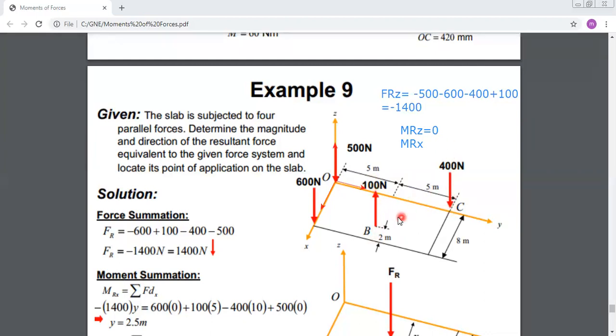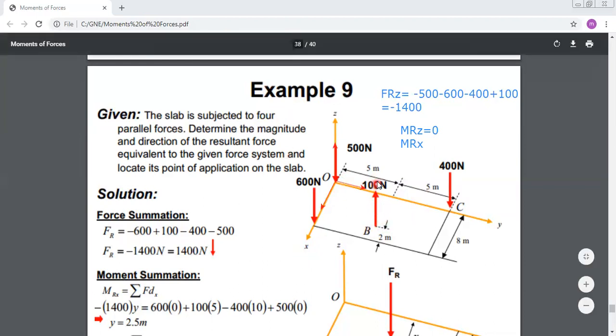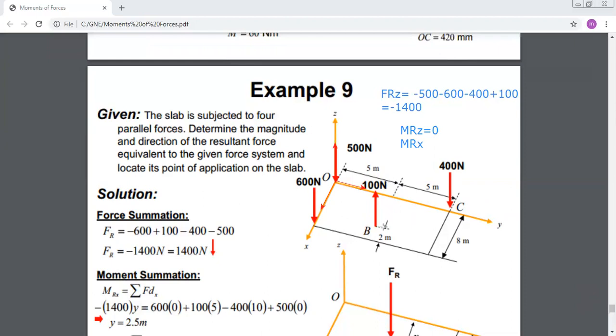Now, if you want to know what is the moment of the 100 Newton force about X, what should you do? You should multiply 100 by the distance between the X-axis and this force. And as you can see in your figure, from the dashed lines, the distance from the force to X is equal to 5 meters, okay? So to find the moment of this force about X, you should do 100 times 5.